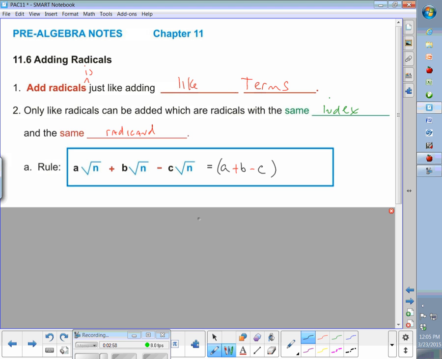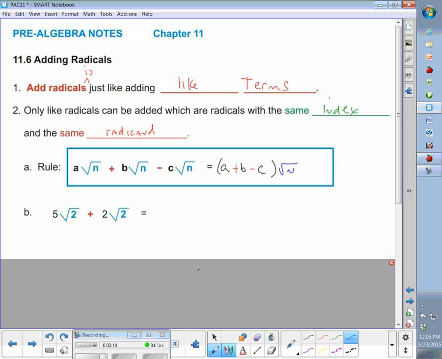And it's that many of them. And what is them? The square root of n, right? There's that many of them. It's just adding like terms. You can do that. You can handle that.